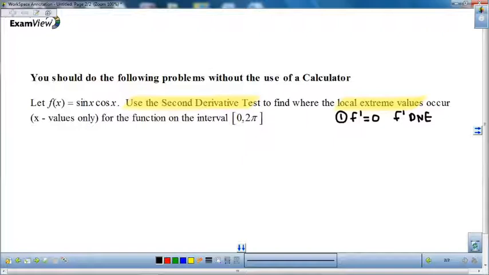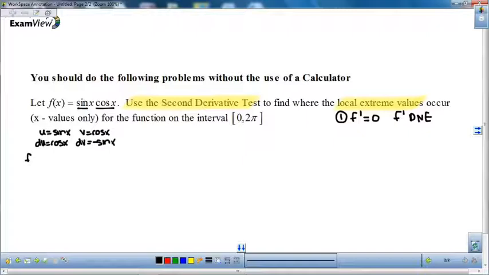So what I'm going to do is find the derivative. Notice that I have a product. So I'm going to let u be sine of x and v be cosine of x. The derivative of u is cosine of x. The derivative of v is negative sine of x.